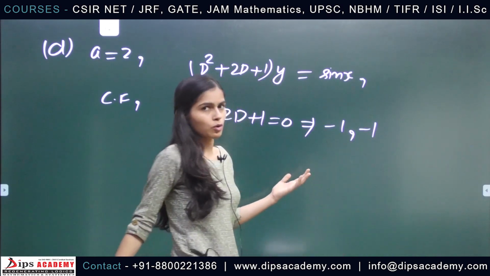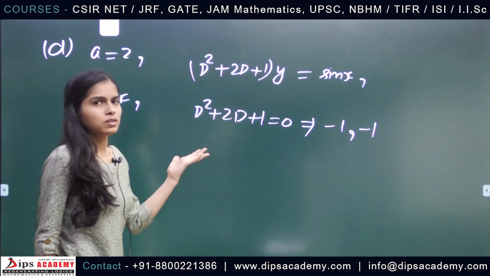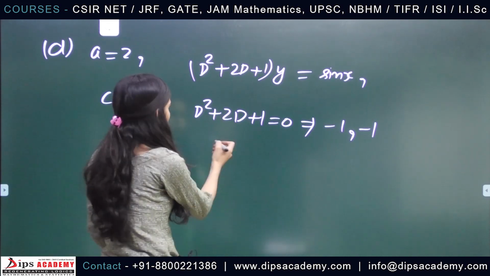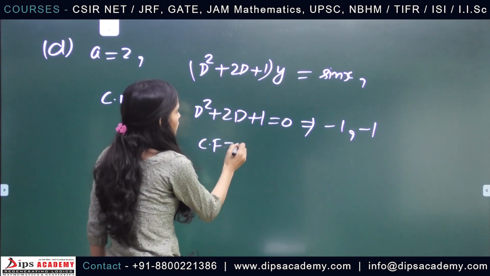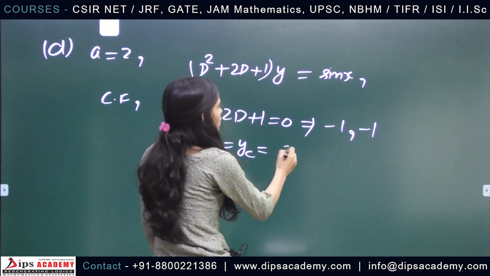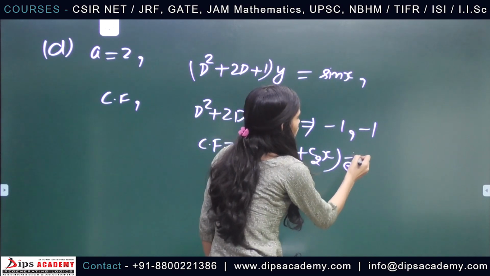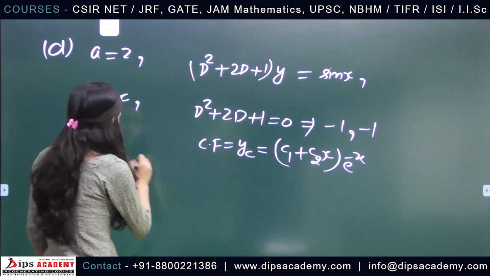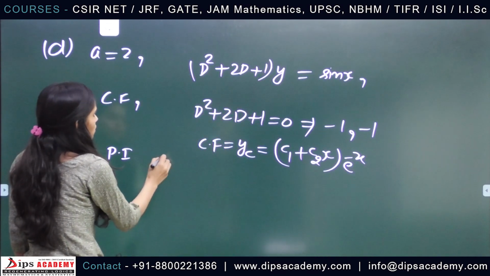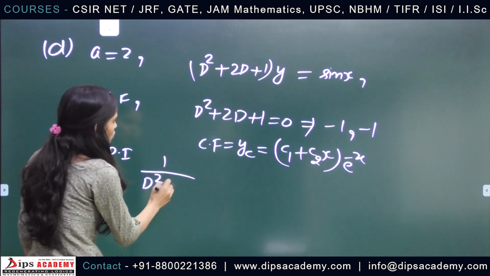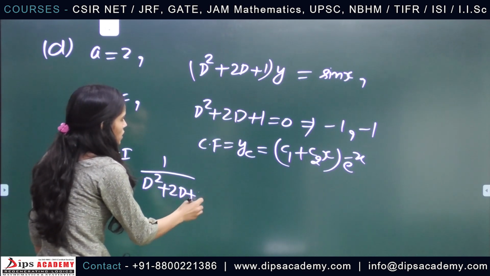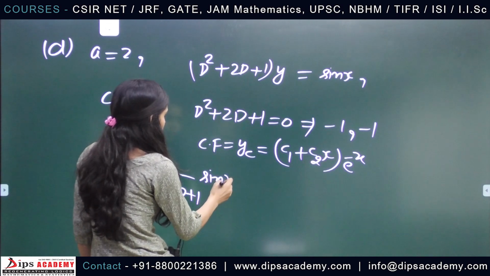So we have repeated roots, and we know how to write the complementary function in that case: yc will be equal to c1 plus c2 x, into e raised to the power minus x. For the particular integral, we have 1 over d square plus 2d plus 1 sin x.